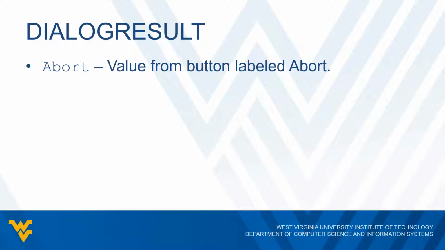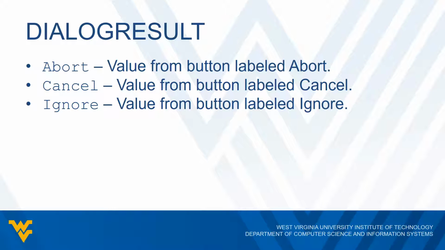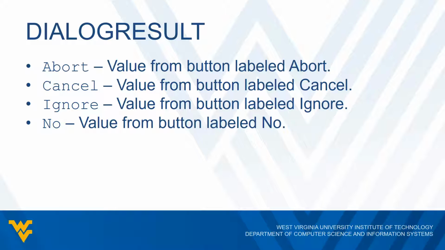So for instance, we have the Abort value, which means that the value that was returned was from a button labeled abort, which just means that we clicked on the abort button. We have the Cancel value, which means that we clicked on the cancel button, and that was the value that was returned. We have the Ignore value, which just simply means that we clicked on the ignore button. We also have the No value, which means that we clicked on the button labeled no.